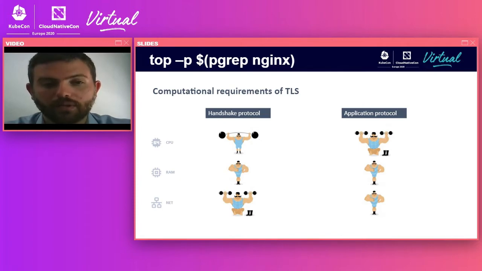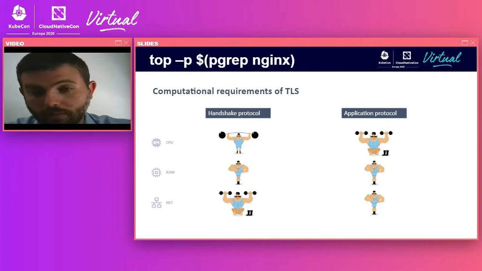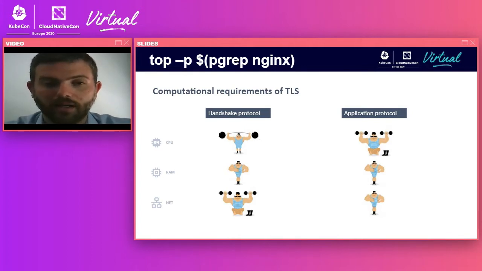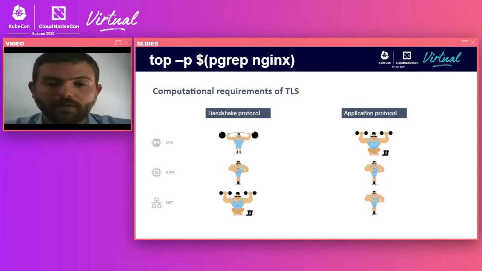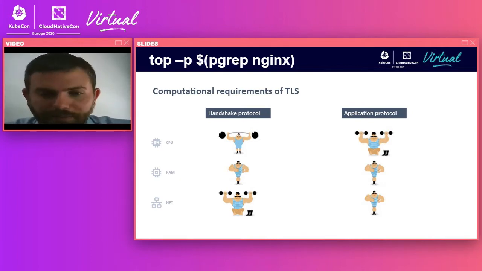Application protocol CPU usage depends on the number of bytes meant to be transferred over the connection. Therefore, this is really a relative impression I can tell you at this stage, but it's a little less CPU intensive than the handshake protocol itself.